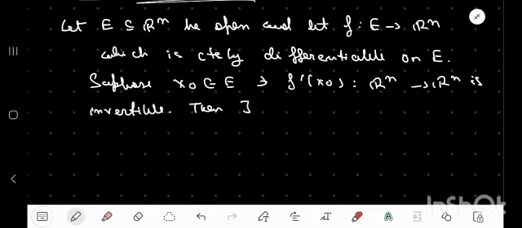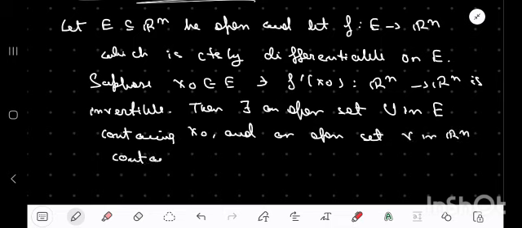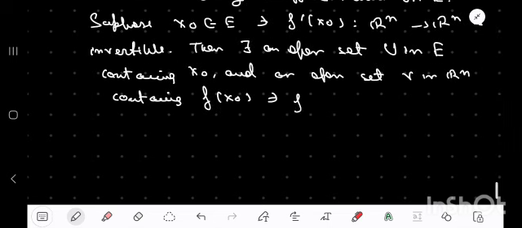Then there exists an open set U in E containing x naught, and an open set V in Rn containing f of x naught, such that f restricted to U, from U to V, is a bijection.